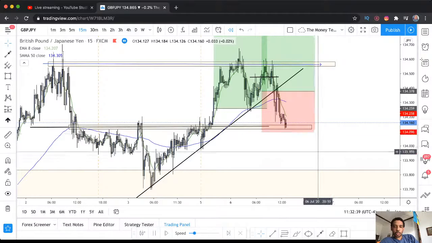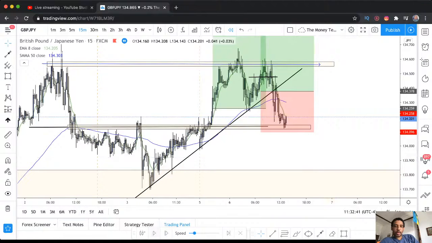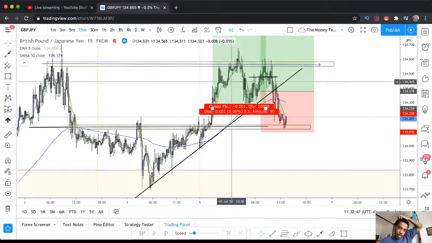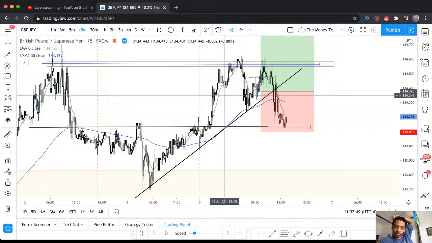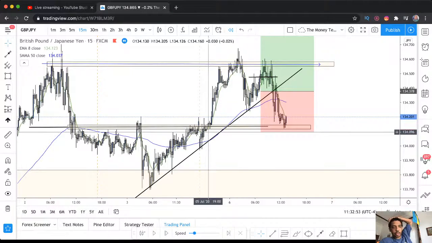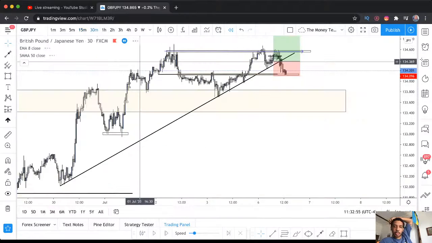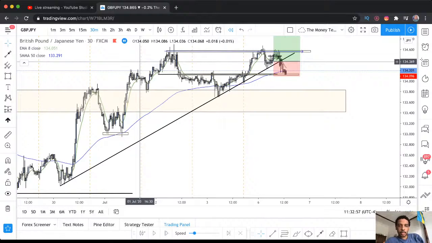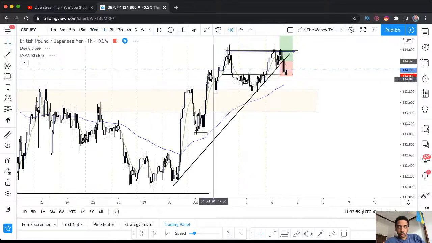Found support. This is that retest that I wanted. So right now, essentially, price has retested the initial breakout area. Let's see how it looks on the 30 minute. That's how it looks there on the 1 hour.